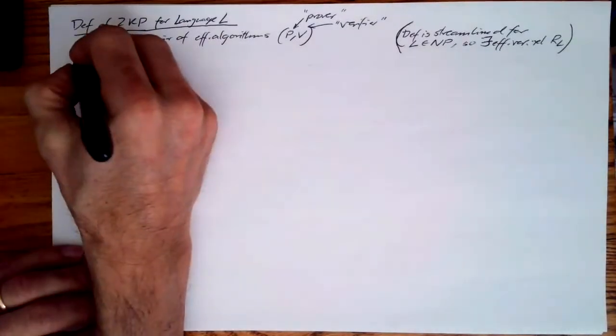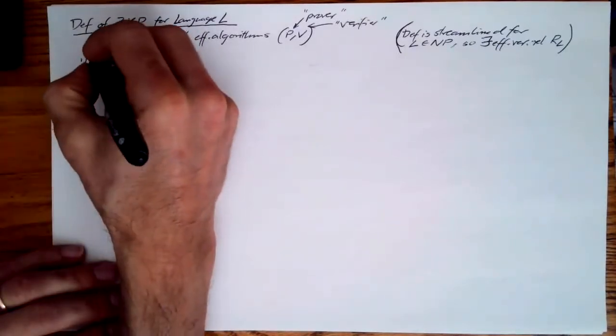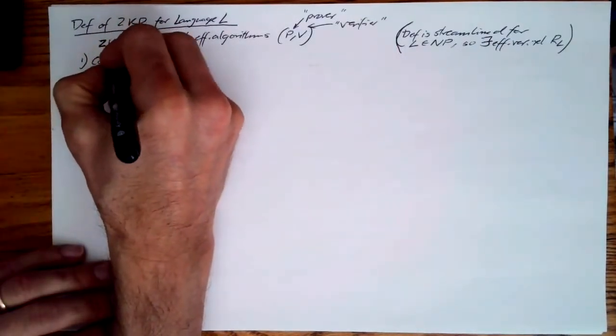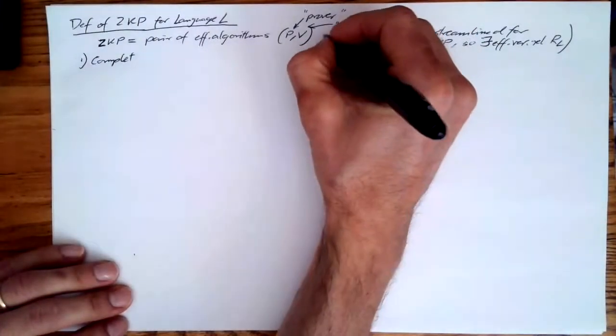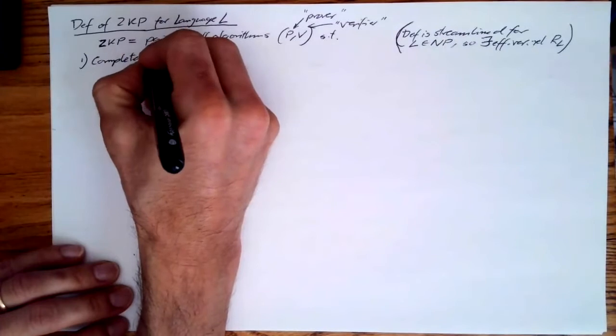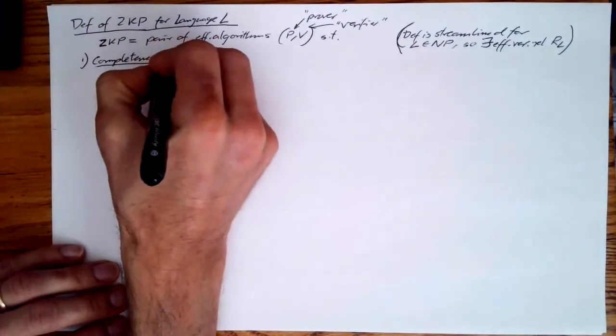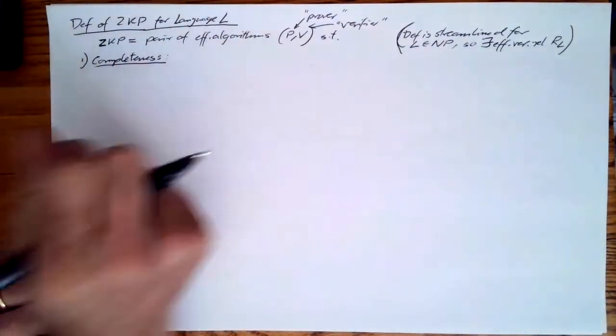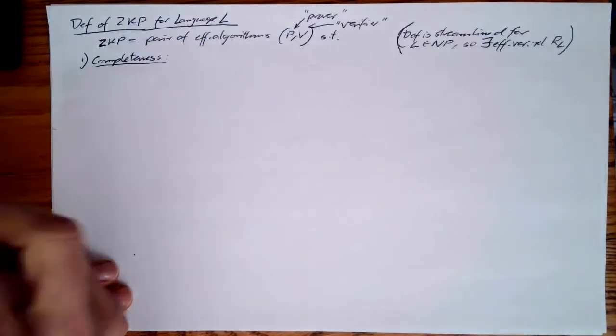So first, the protocol must satisfy completeness. These algorithms must satisfy the following property. Completeness also tells us how to use this zero knowledge proof system.